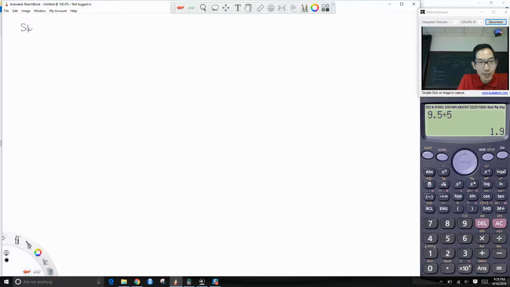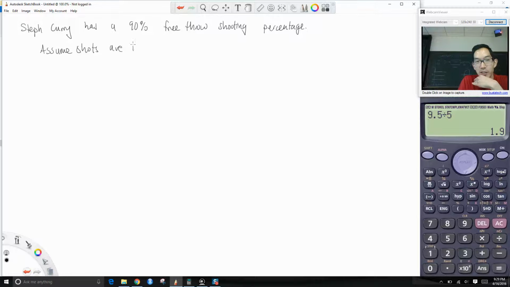Okay, so we'll say Steph Curry has a 90% free throw shooting percentage. This might not be a good assumption, but we will assume all of his shots are independent. So assume shots are independent.